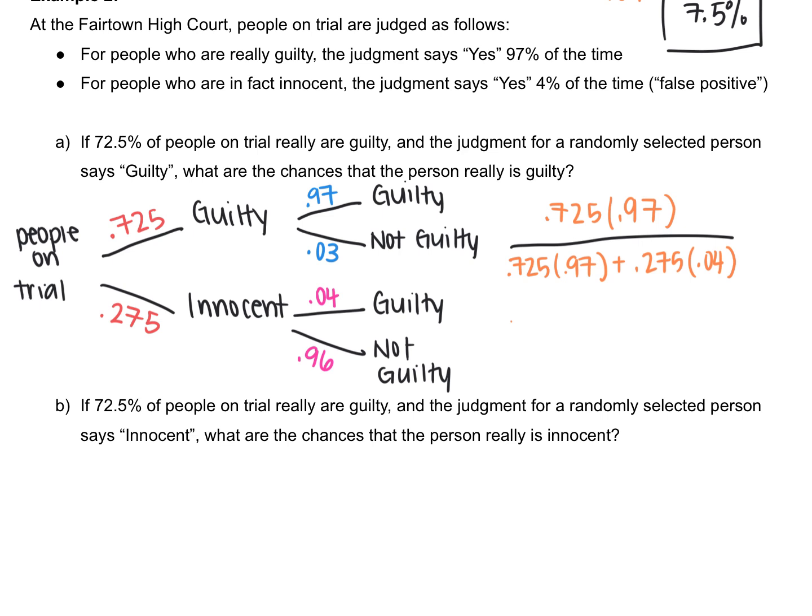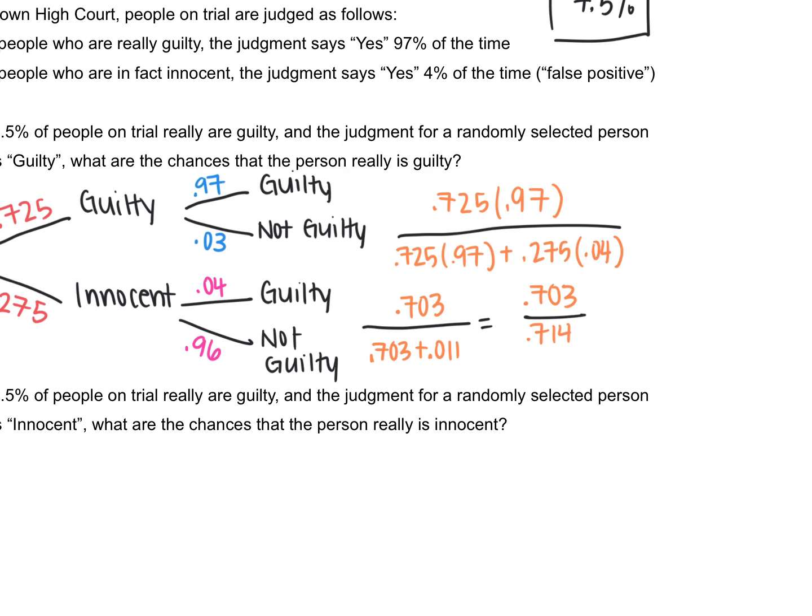So for our numerator, we're going to get 0.703, and in the denominator, we'll get 0.703 plus 0.011, which becomes 0.703 over 0.714, which is 0.985, which is about 98.5%.